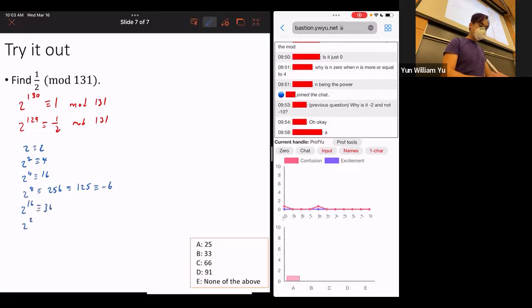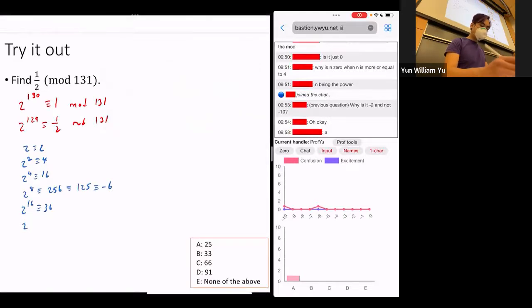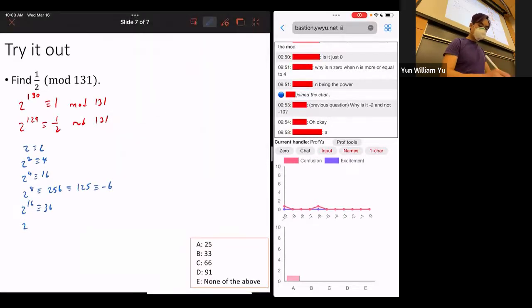2 to the 32 is congruent to 1296, which is congruent to 1296 minus 1310, which is congruent to -14.